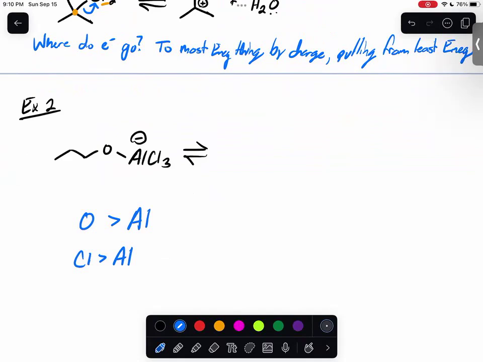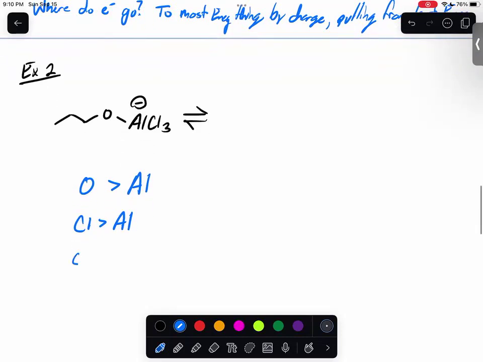So the aluminum with the negative charge is going to lose electrons and give them to one of these two things. The question is which one? If we're thinking about electronegativity, oxygen is more electronegative than chlorine. And so from the bond with the aluminum, the oxygen is going to take the electrons here, right? Because the oxygen being more electronegative than the aluminum means it wants the electrons more, and it's more electronegative than the chlorine, so it wants the electrons more than those two.